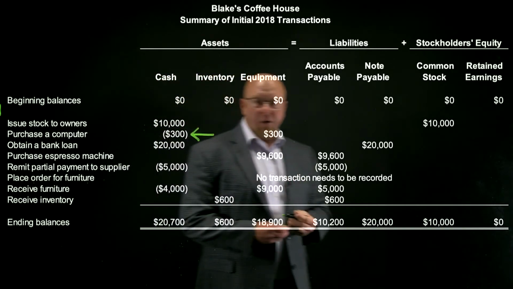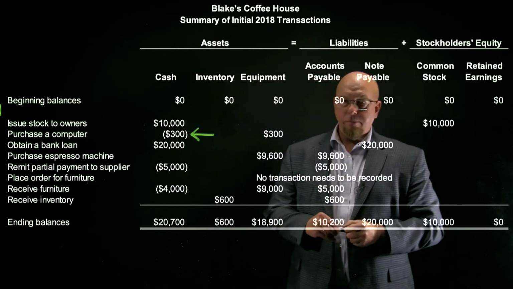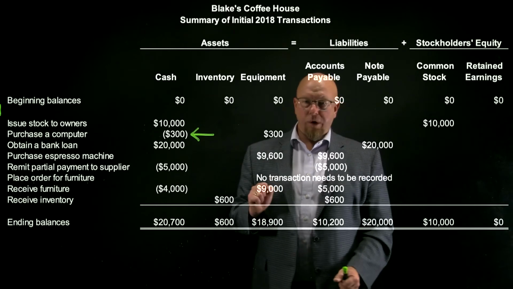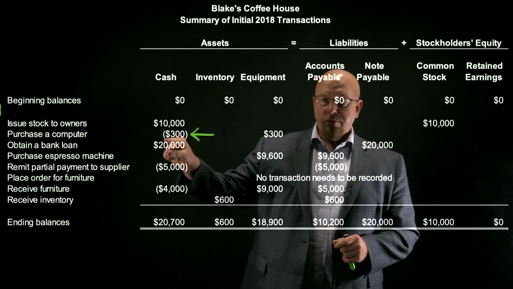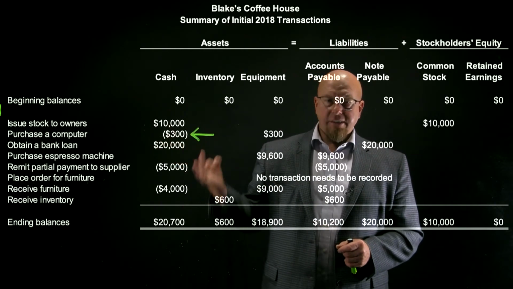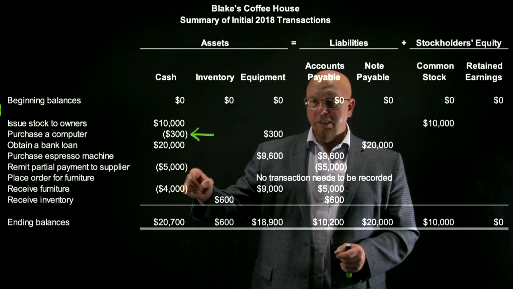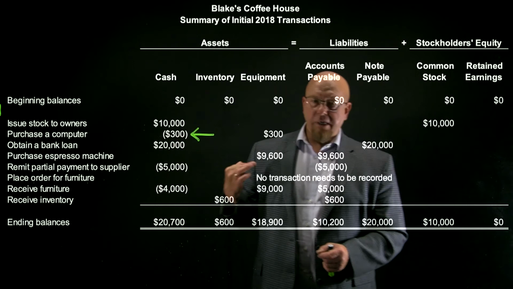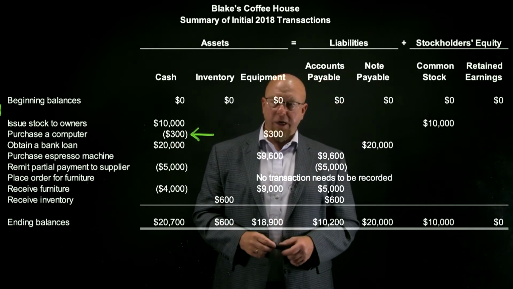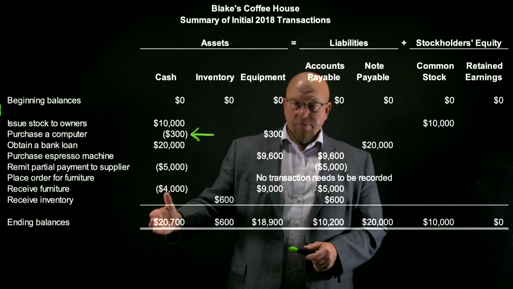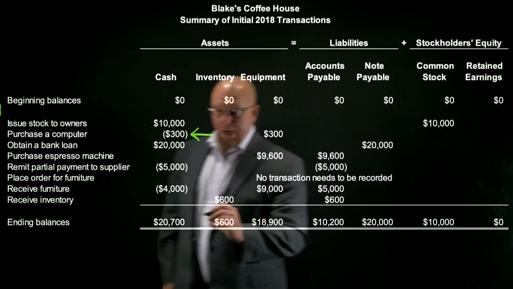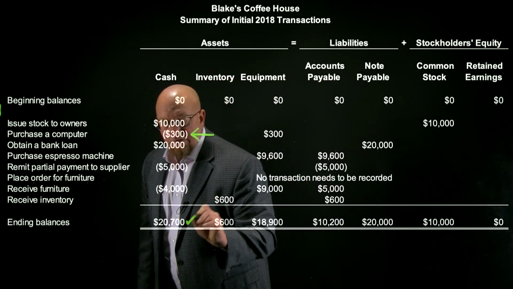A lot of times accountants will depict a negative number or a subtraction with parentheses. So when you see 300 in parentheses, that's cash decreasing because we bought the computer. 5,000 in parentheses, that's cash decreasing because we made partial payment to that supplier. At the end of the day, at the end of this month, our cash balance is $20,700.